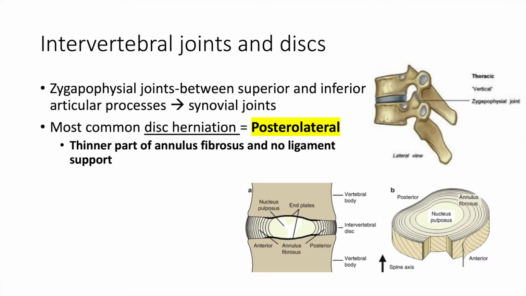This is due to a thinner part of the annulus fibrosus, and there's no ligament support. The annulus fibrosus is around the nucleus pulposus. I think of that like a jelly donut. The jelly is my nucleus pulposus, and the donut part is the annulus fibrosus. So if there's a thinner part, it can protrude and that nucleus pulposus might come out.